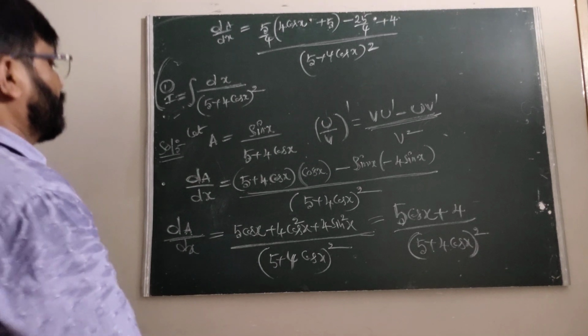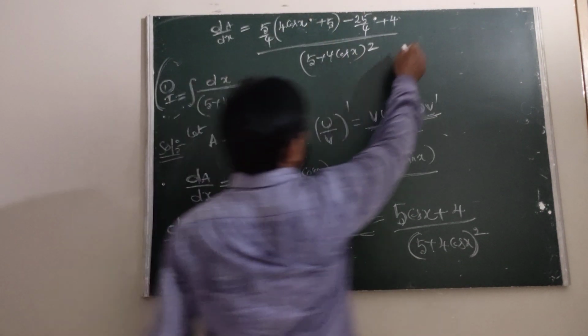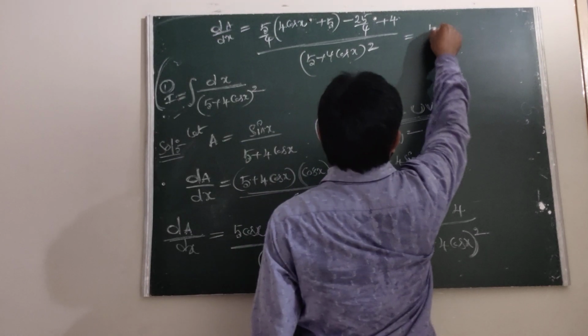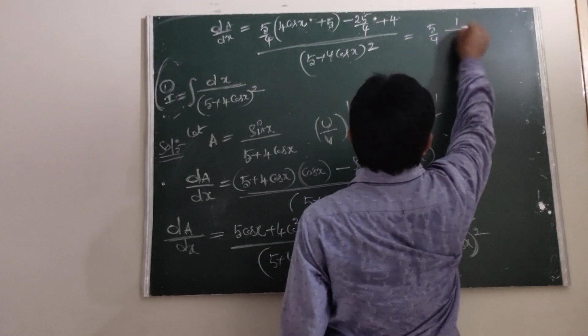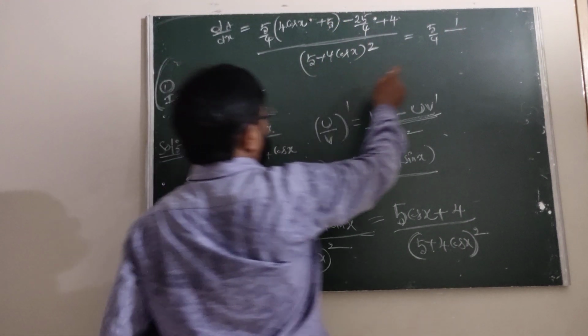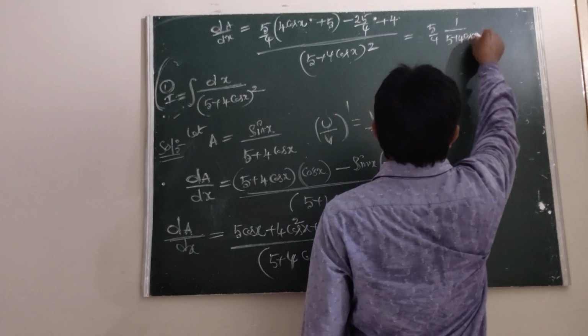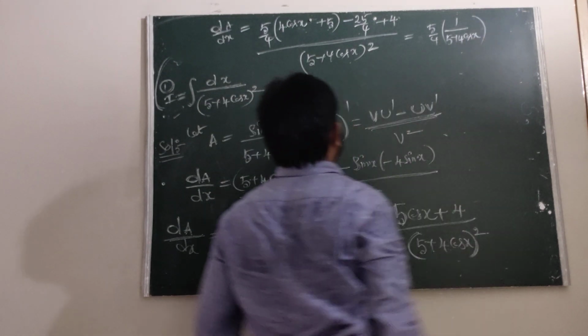The next step is here. After separation this will be cancelled. We are getting 5 by 4 into 1 upon (5 plus 4 cos x). Is it clear? What is the remaining here?